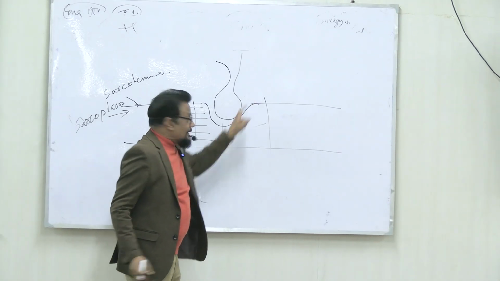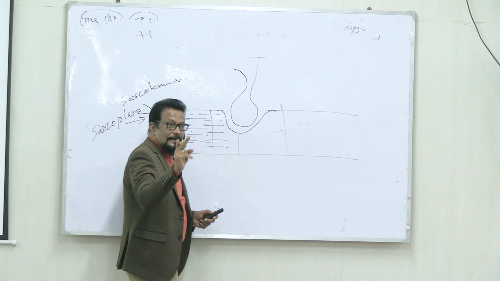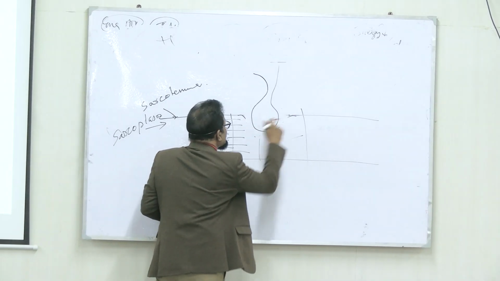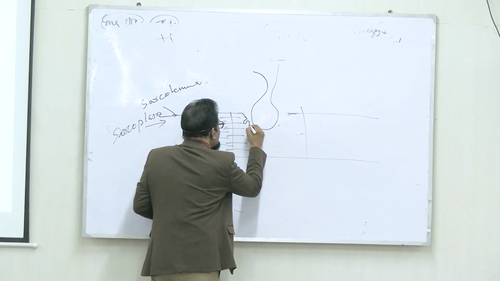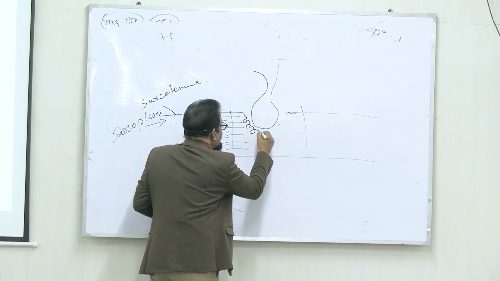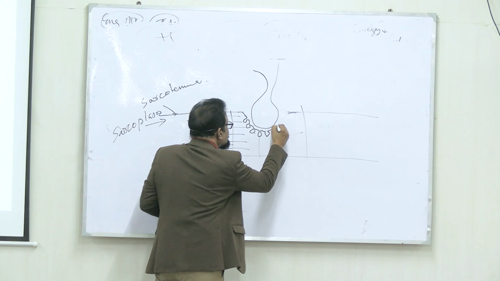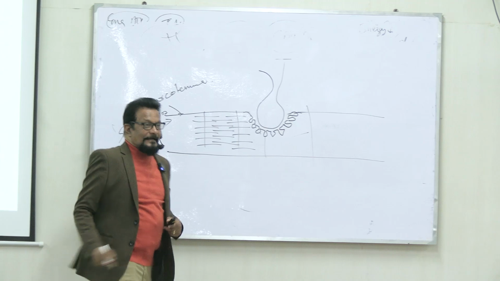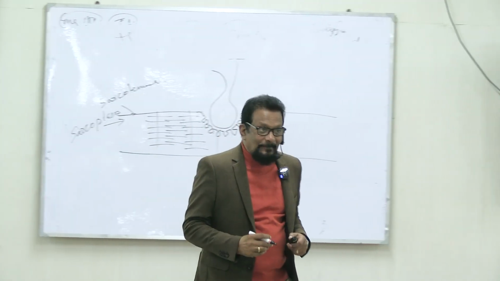This is the sarcolemma. Now under the electron microscope, we will find these are not like this, but like this, increasing the surface area of the sarcolemma.